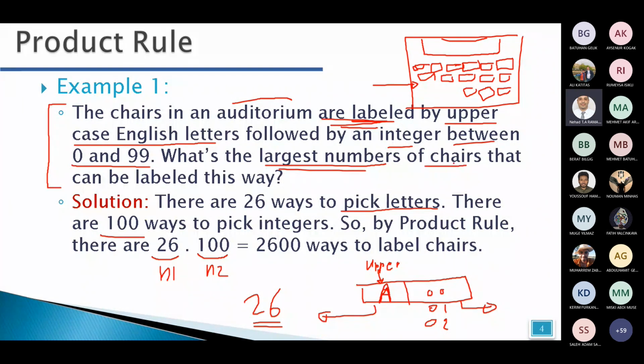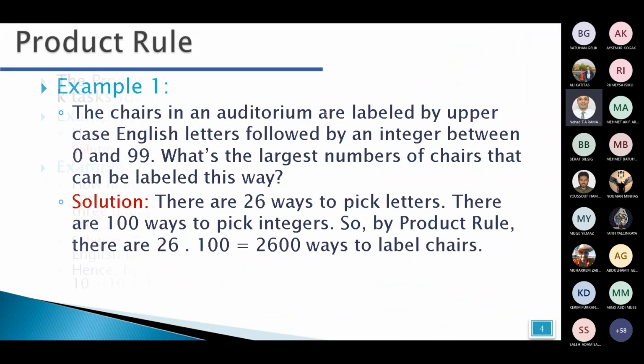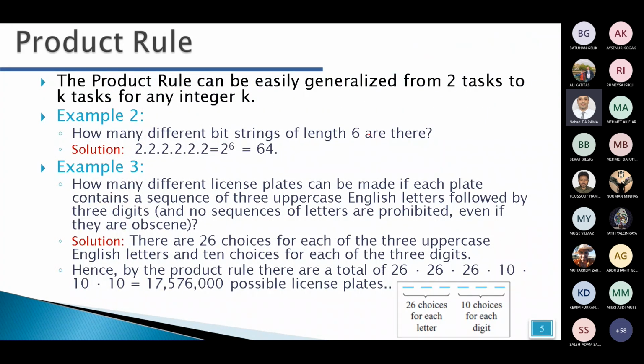The question can be phrased here. The other question, how many different labels could we have for these chairs, and so on. So this is the product rule. Let's take another example.